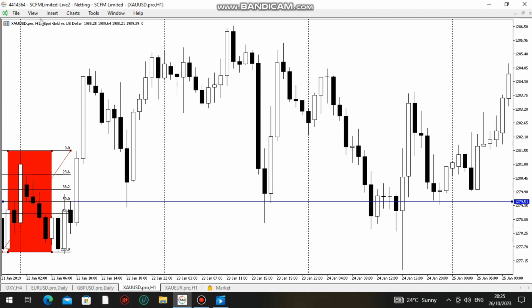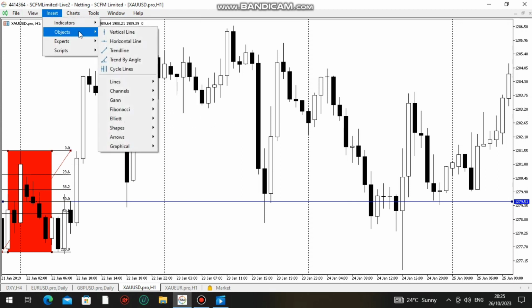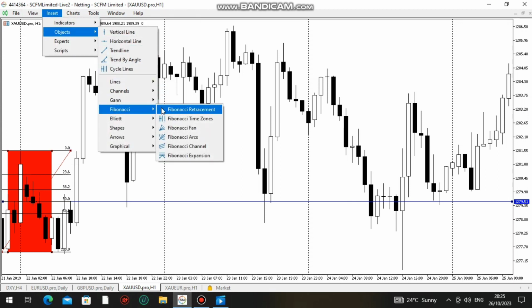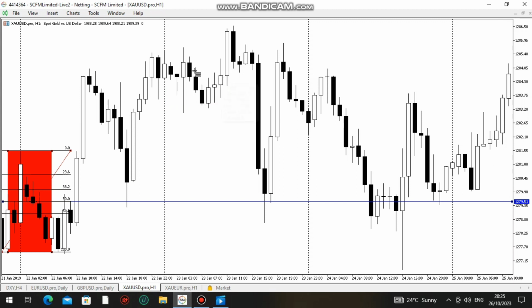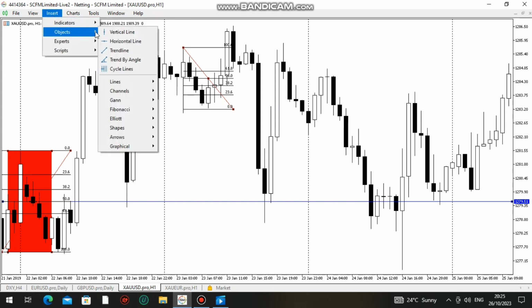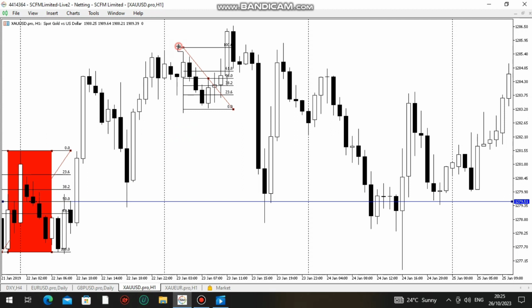Let us draw Fibonacci so that we can know our 50% main threshold. So it's this one. Price goes down, goes up again to clear the buy stops, expands to the downside, then retraces.